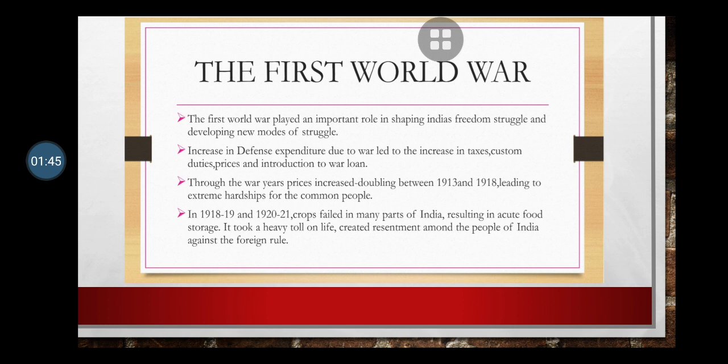Okay, so the First World War. The First World War created a new socio-economic, socio-political situation in the country. It played a very important role in shaping the Indian freedom struggle and developing new modes of struggle.